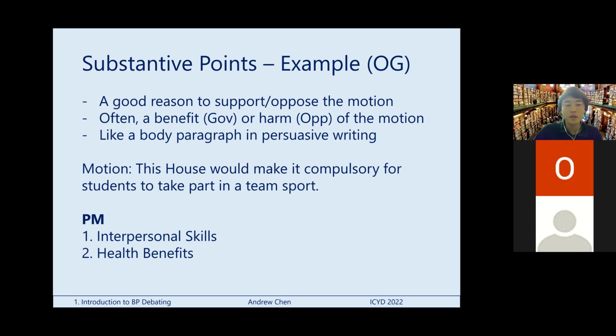And the second one might be about health benefits like fitness and leading a healthier lifestyle if you do take part in sport. So that might be the 2 points of Prime Minister. Obviously, you'll need to explain these in a bit more detail, but that's what the Prime Minister might run, among many other options within this debate as substantive points.